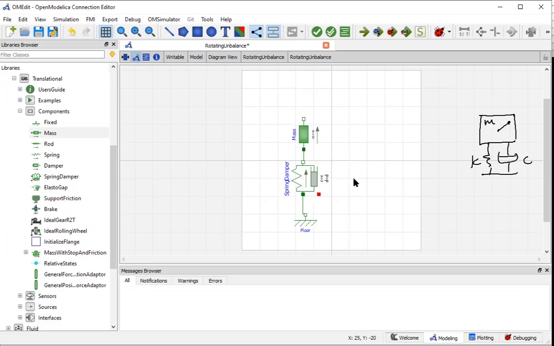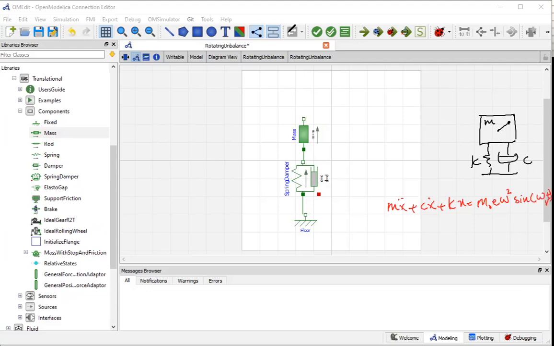Now keep in mind, remember what the equation of motion was for rotating unbalance? It was m x double dot plus c x dot plus k x is equal to m naught e omega squared sine omega r t.